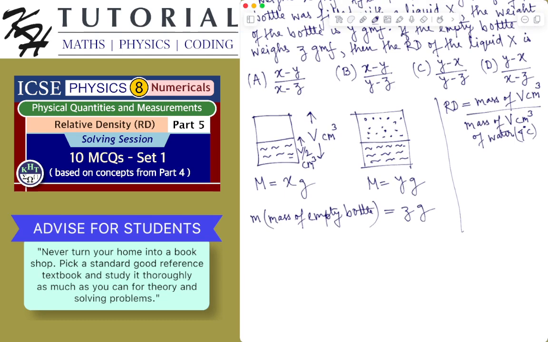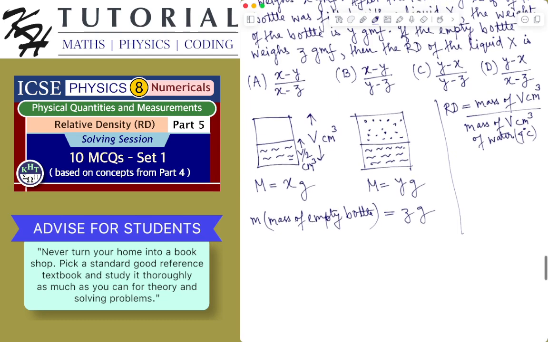Now, we can clearly see that the volume of the water and the volume of the liquid are the same, and they are both equal to half the volume of the bottle. So if we can somehow find the mass of the water and the mass of the liquid, then we can find the relative density of the liquid. So how do we find the mass of the water and the mass of the liquid?